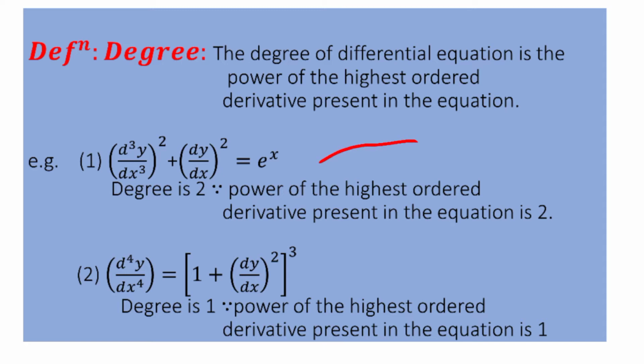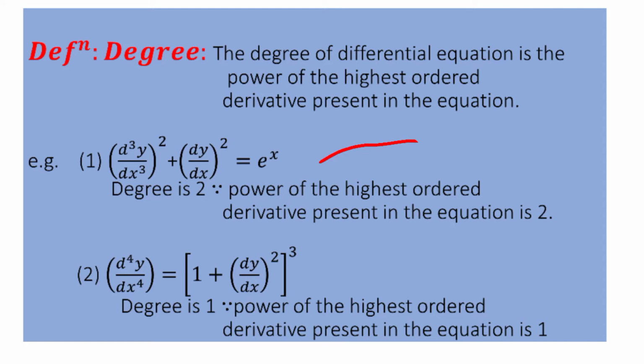Here the order of d is 3, so the power of d3 is 2. So degree is 2. Power of the highest order derivative present in the equation is 2.